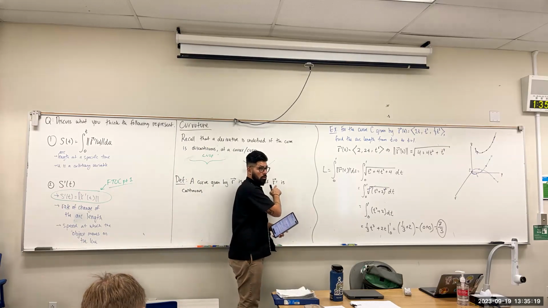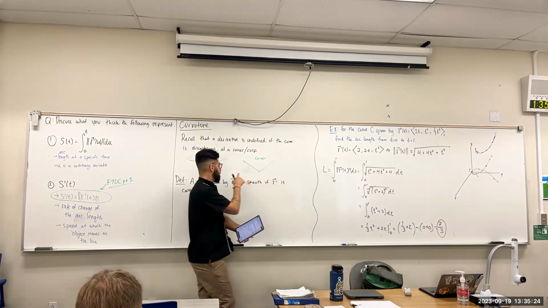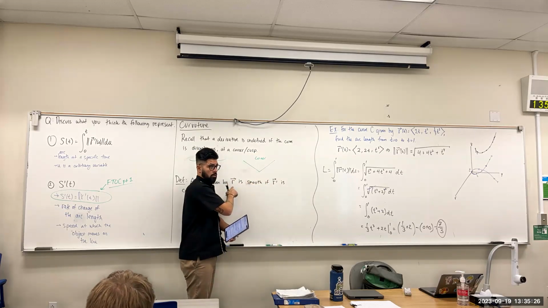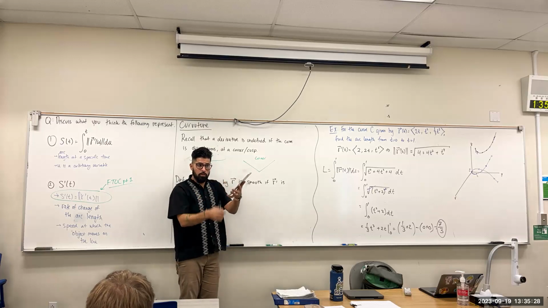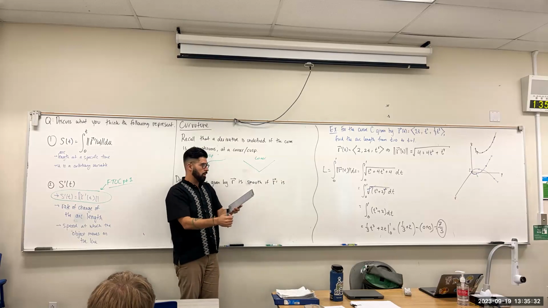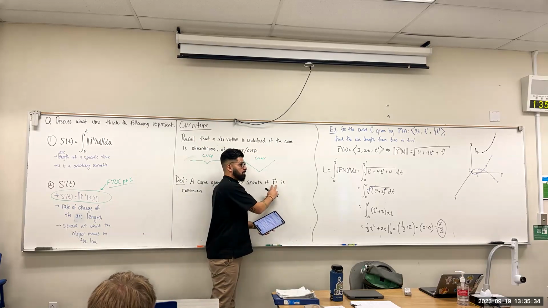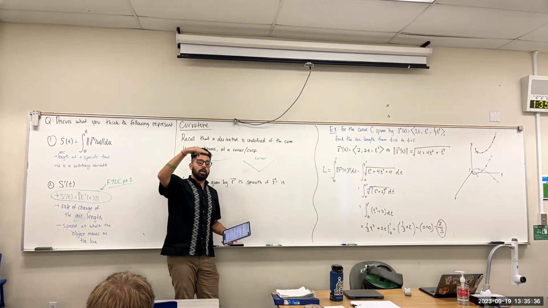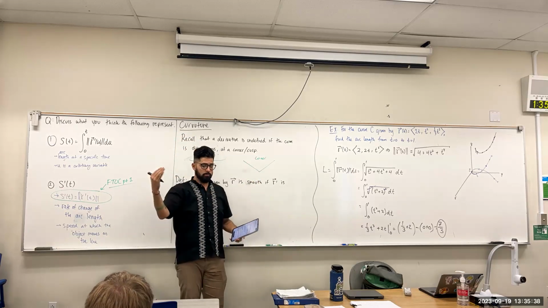The tangent vector moves continuously. That's what that means. It's not saying r is continuous, which would mean the curve is not detached. It's not talking about detachment and discontinuity. It's saying that r prime is continuous, so that the tangent vector moves continuously.